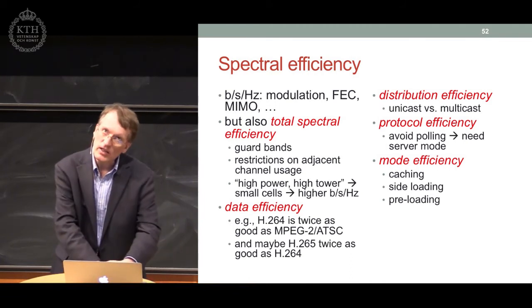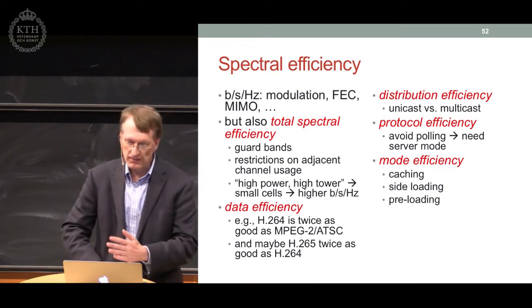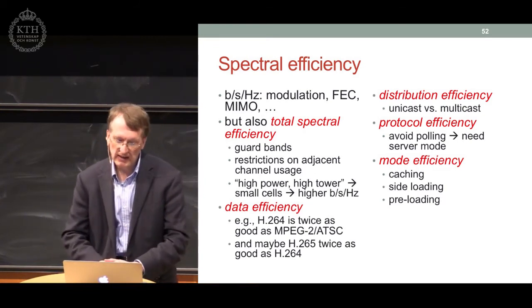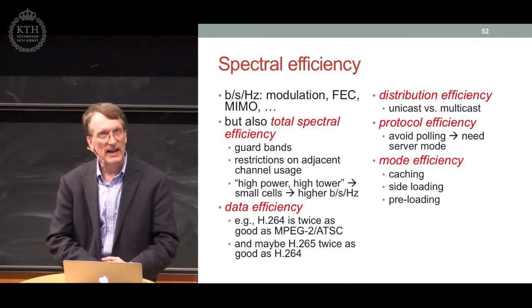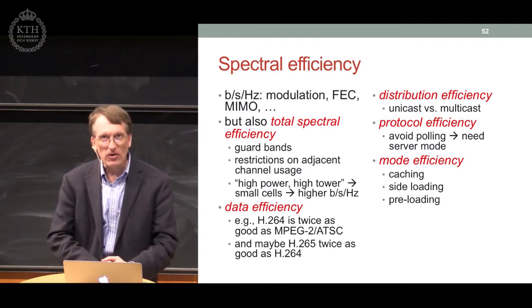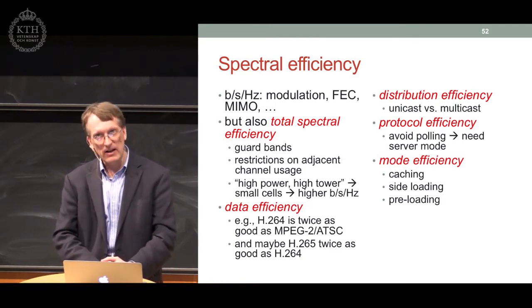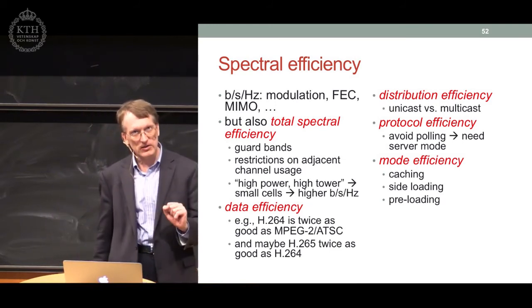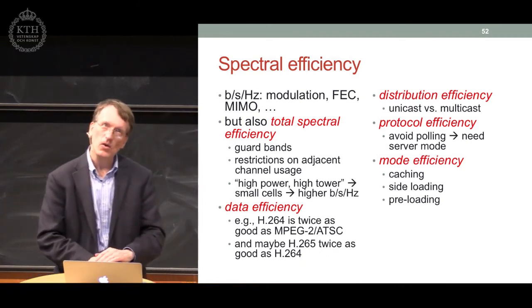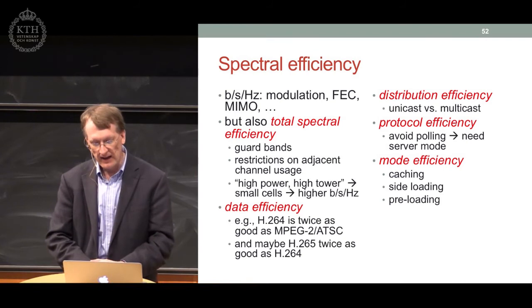In some cases, you can use multicast versus unicast, say for TV distribution. You can use more efficient protocols, or you can use caching and other modes to just not transmit data at all. What we don't have a good understanding of right now is that we understand the radio stuff, bits per second per hertz more or less, but we don't understand the overall system efficiency.